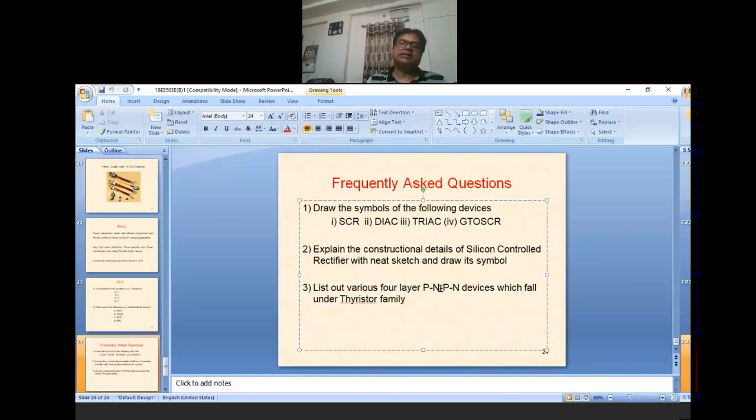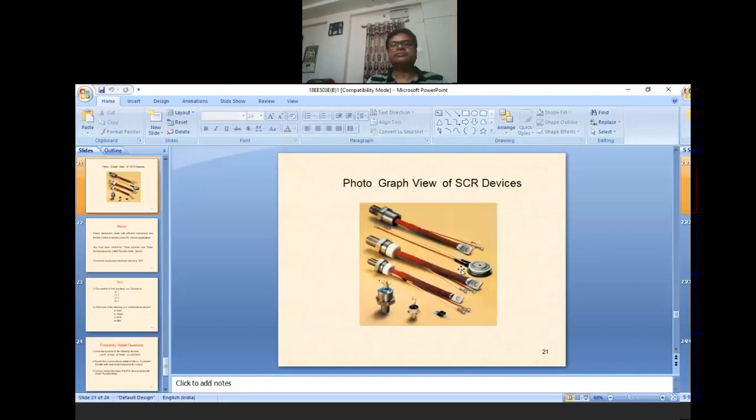You have 11 lists. In this particular session, we have discussed the construction details as just a 4 layer and junctions, but we didn't discuss the materials used for it, how the different dopings are done, and how the different terminals are connected. So this question will also be discussed in the next session.